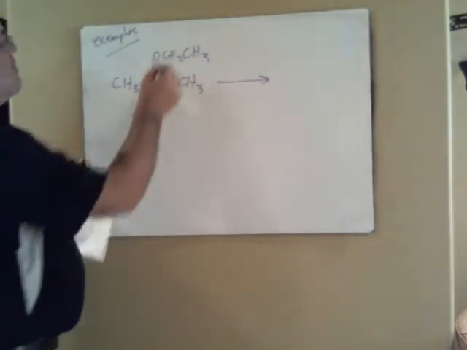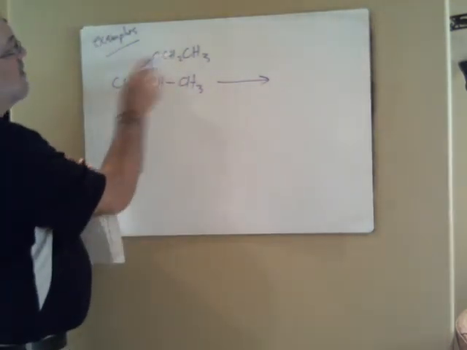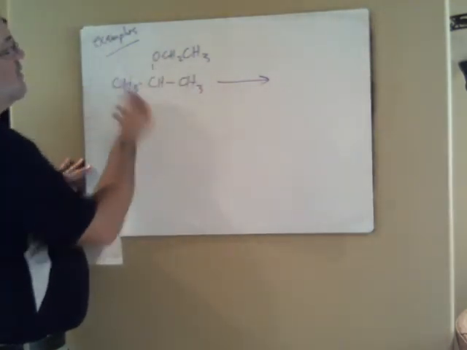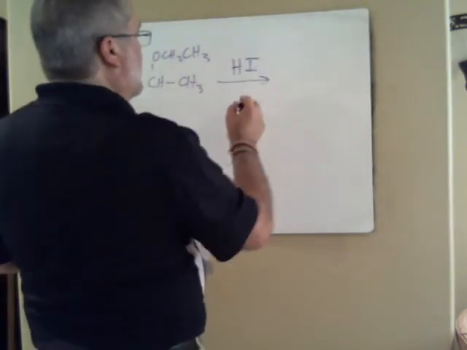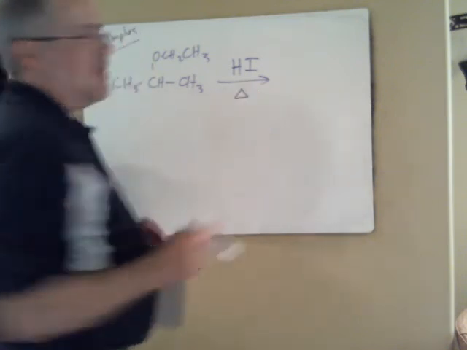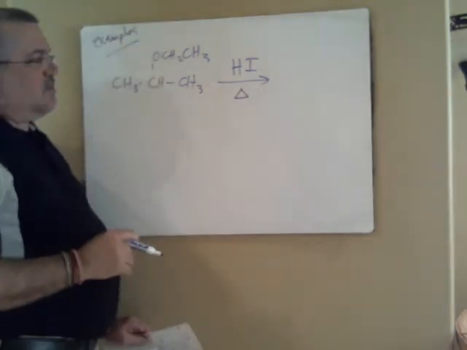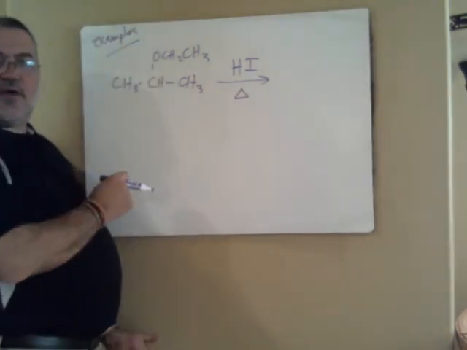Here's my ether linkage of my two residues, and I'm going to treat this with HI. And usually you need to heat it. Remember, we use this triangle to demonstrate heat.